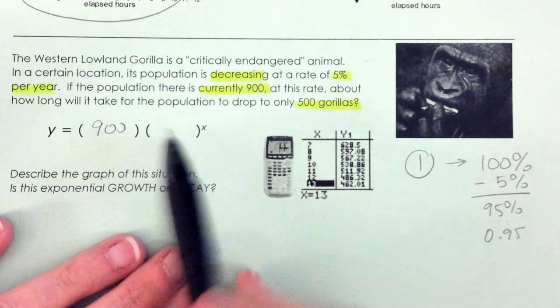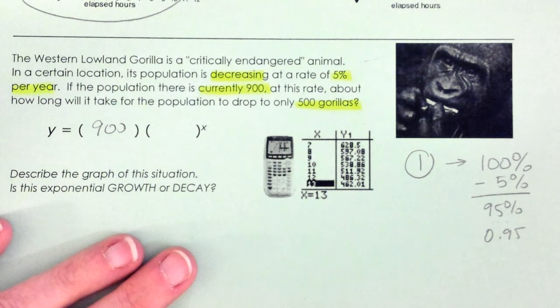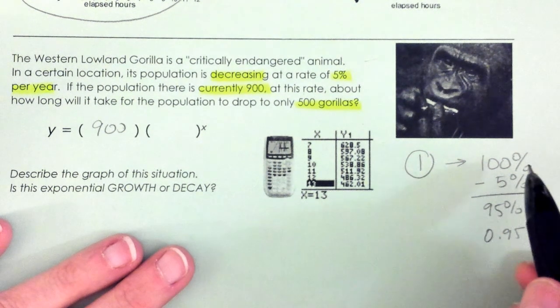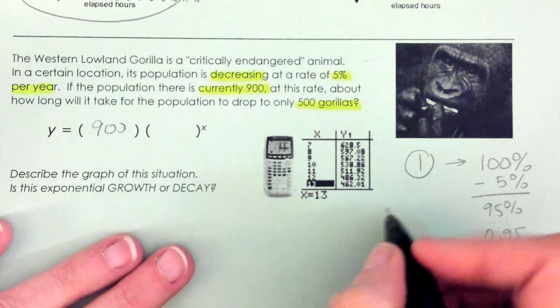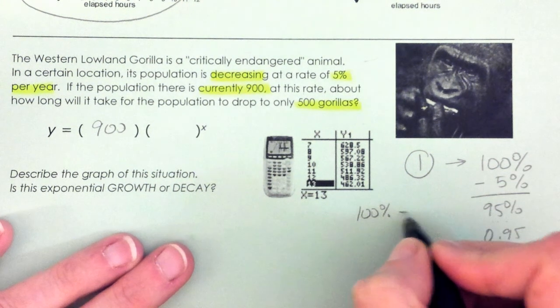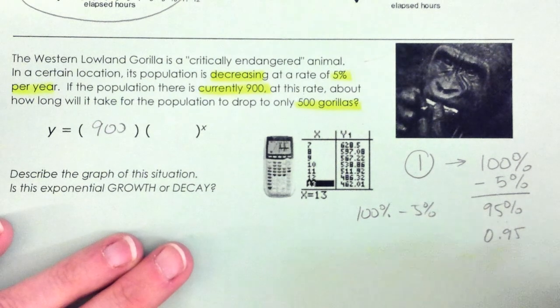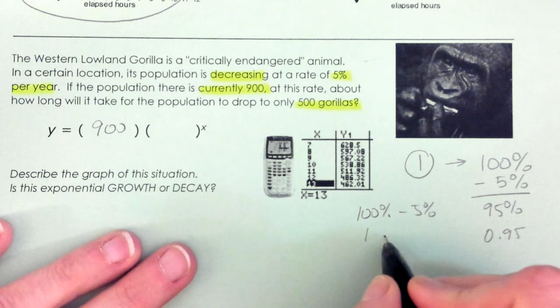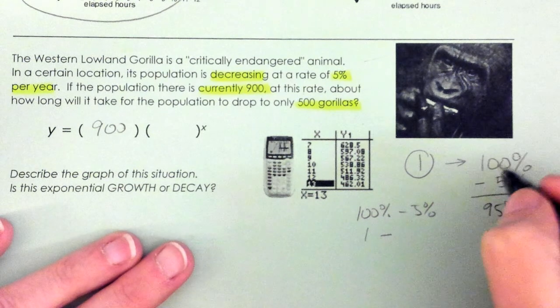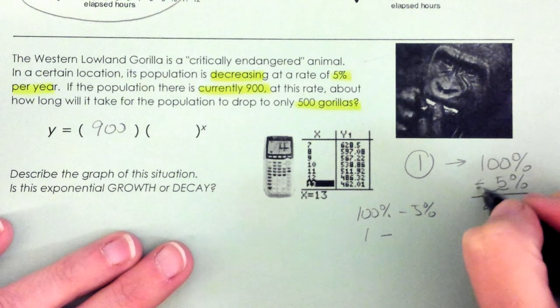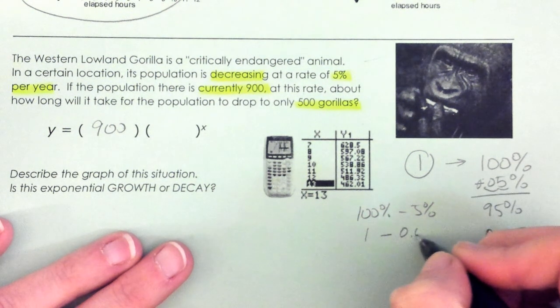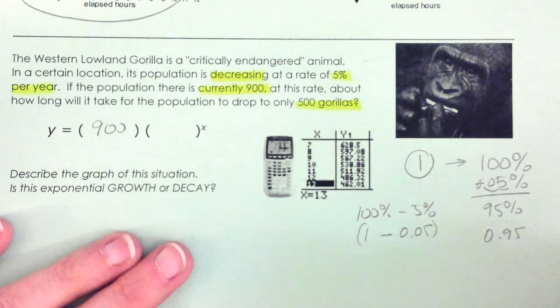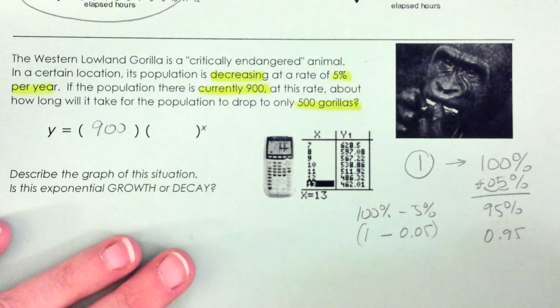I can't put any percents into this little box here because I don't do math on anything that's not a decimal. So what I'm going to put there is 100% minus 5%. Well, 100% is 1. 5% is 0.05. That is my rate of change.